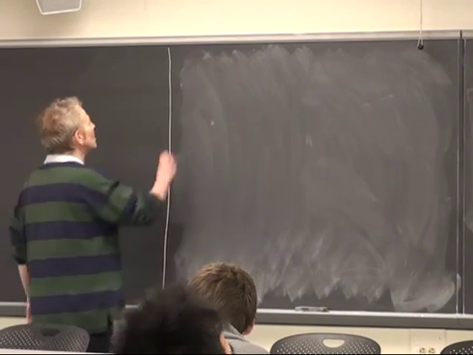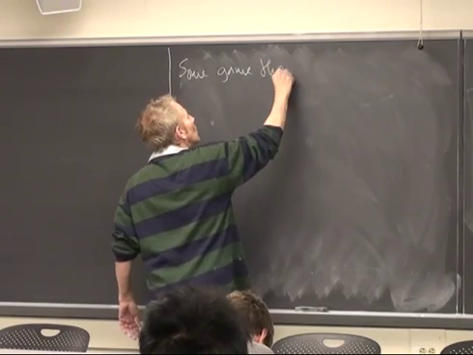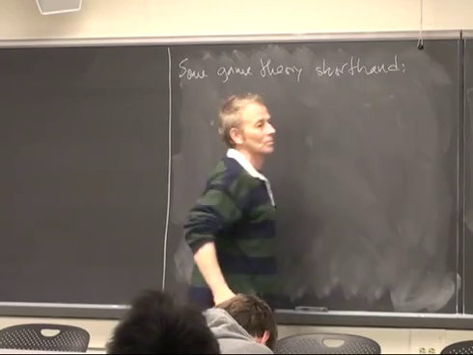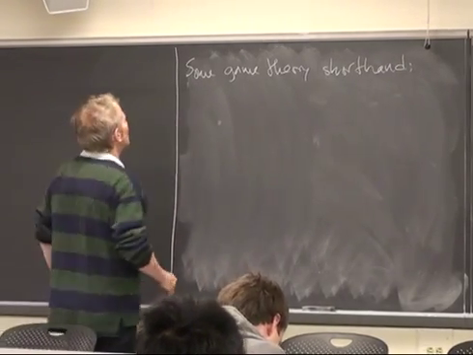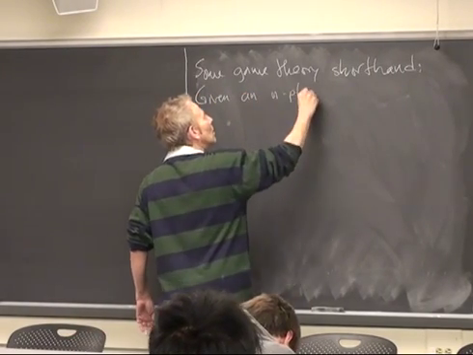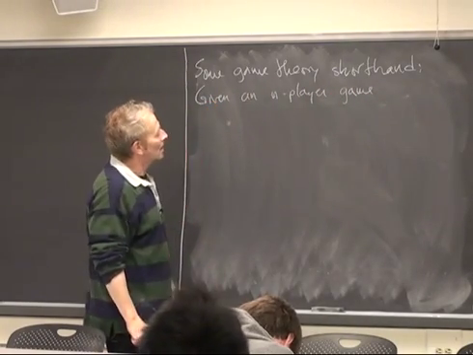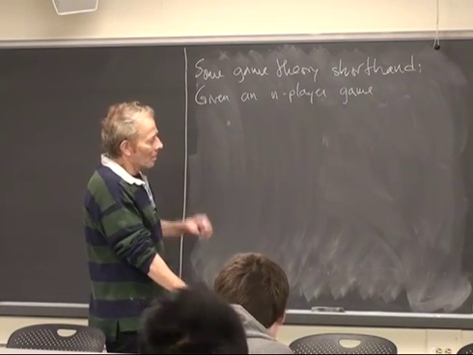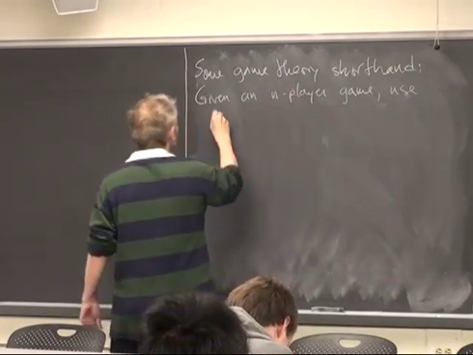Okay, so here's some game theory notation. Shorthand. Okay, this is very typical stuff. You say I'm given an n-player game and a player, and an action profile.